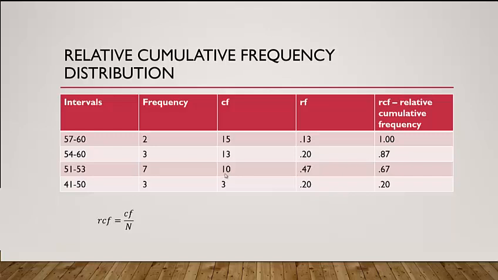At this point, our relative frequency is 47%, but our cumulative frequency now is 67%. So we can see that we clearly have 2/3 of our occurrences happening. Our cars were rated between 41 and 53 miles an hour, 2/3 of them.